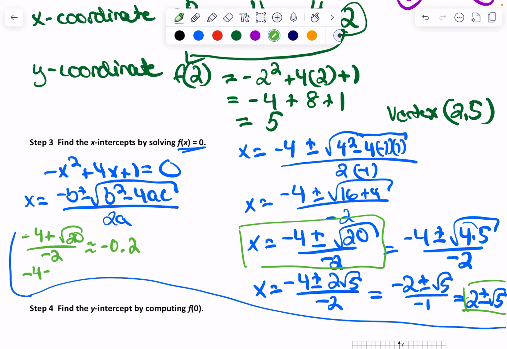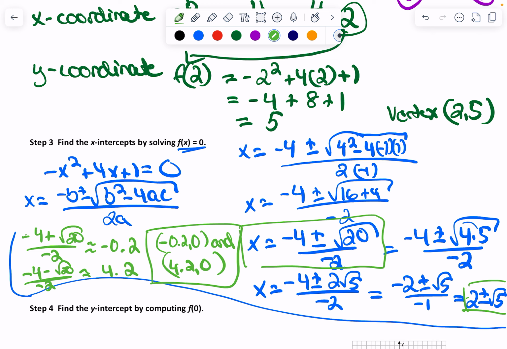And if we plug in the negative square root of 20, we get 4.2. So when we are sketching, these would be our x-coordinates for the x-intercepts. So it would be negative 0.20 and 4.20. We need to round them as decimals because we're not able to sketch 2 plus the square root of 5. That's not something that we can do.